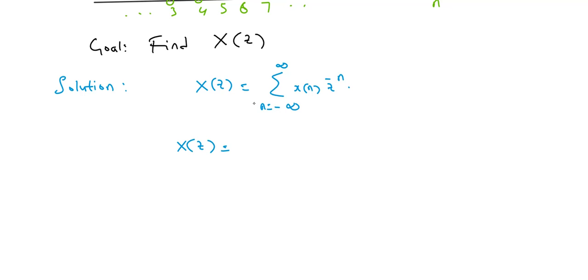X of z is equal to summation n is equal to 5 to infinity, and x of n is 1 by 2 power n, and z power minus n. So that is the definition of Z transform for this signal.